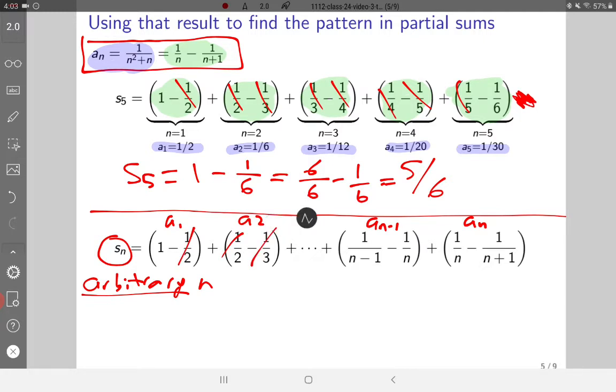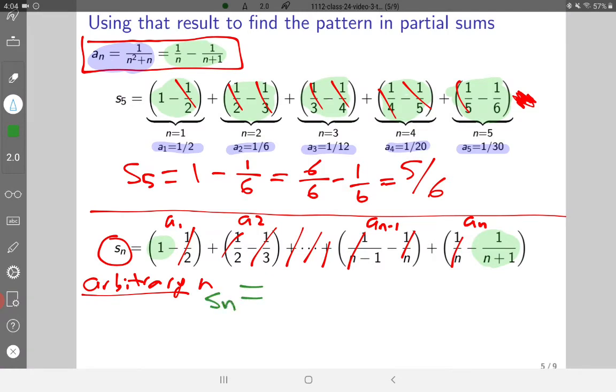In the next term there would be a plus a third, then all the other things, plus and minus, they cancel. Right before this term there would have been a minus 1 over n minus 1, and then I have plus one of those. And then I have minus 1 over n plus 1. And so, finally, after all that, there's a 1 up here, and there's a minus 1 over n plus 1 there.